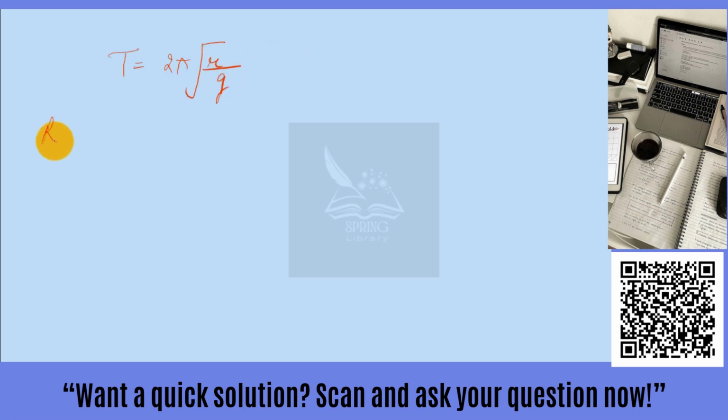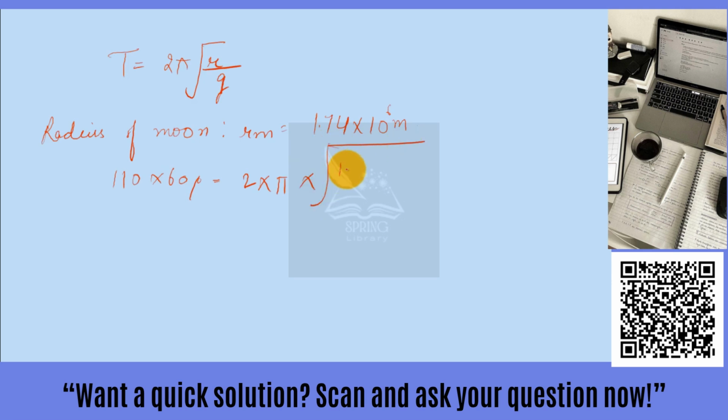We have the radius of the moon, Rm is equal to 1.74 into 10 raised to the power 6 meter. Hence, 110 multiplied by 60 seconds is equal to 2 pi multiplied by under root 1.74 into 10 raised to the power 6 divided by gravity of the moon.